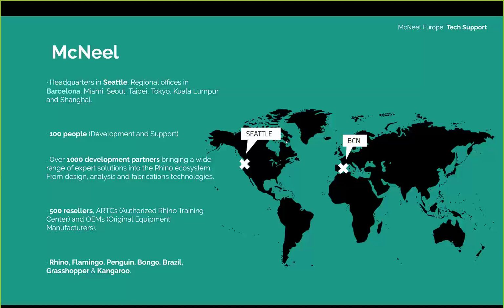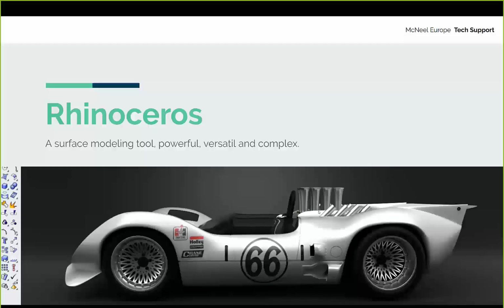So you can always find someone that can teach you Rhino and Grasshopper. And we not only develop Rhino, we develop Flamingo, Penguin, Bongo, which is for animation, Brazil, that is also for rendering, Grasshopper, that I know that some of you already know, and Kangaroo. And I'm going to talk a little more about Kangaroo in a while.